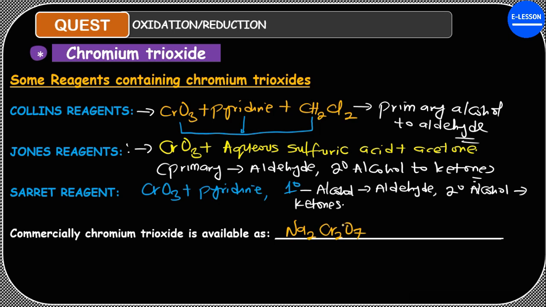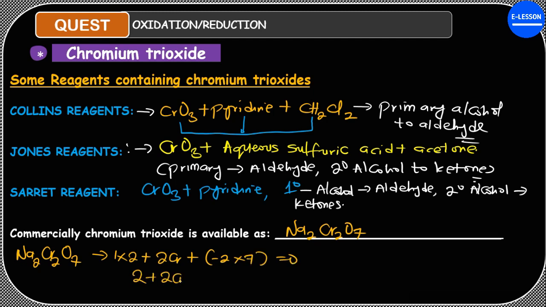Then you calculate the oxidation state. The oxidation state is supposed to be somewhere around 6, right? Let's calculate. Na2Cr2O7. Sodium is 1, 1 times 2 is 2, plus chromium is 2Cr, plus oxygen is minus 2 times 7. Everything is supposed to be 0. So this is 2 plus 2Cr minus 14 equals 0. 2 minus 14 gives minus 12.